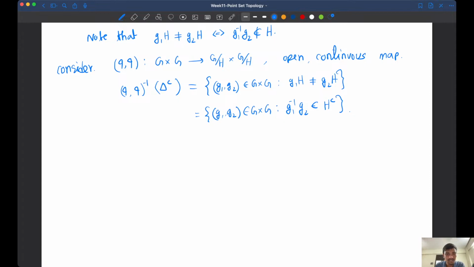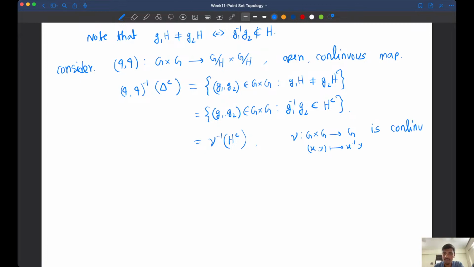This is just the mu inverse of H complement, where mu is the map from G cross G to G that sends X comma Y to X inverse Y, which is continuous.